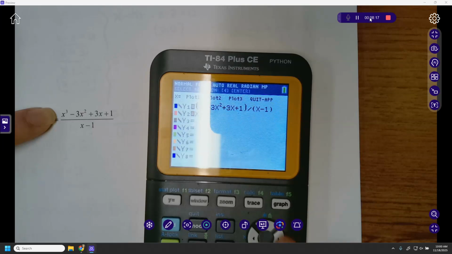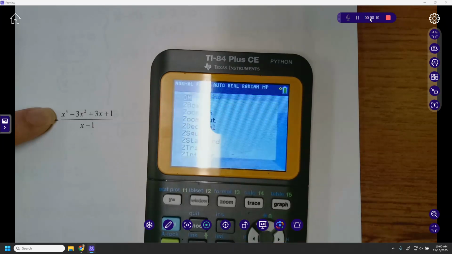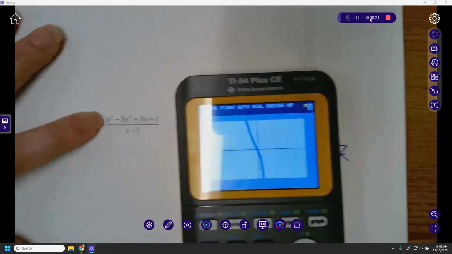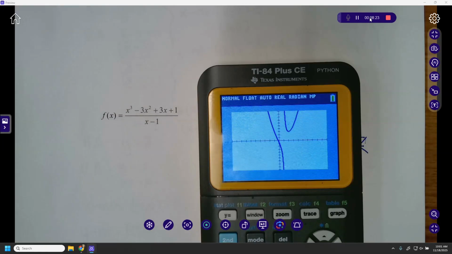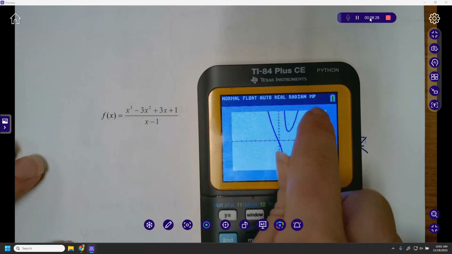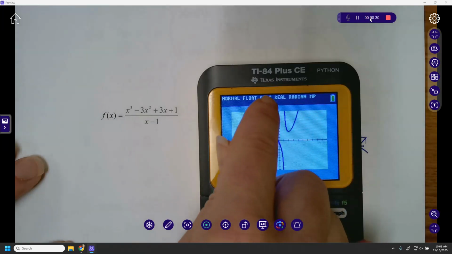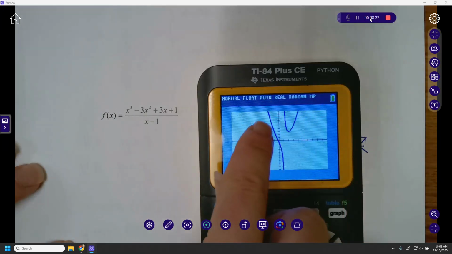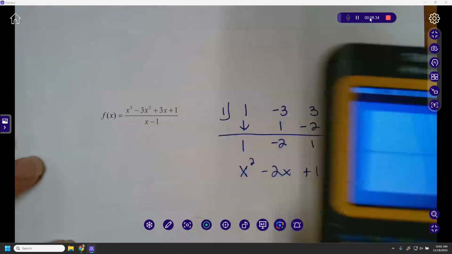Standard viewing window on these things, remember, is Zoom 6. Okay, so I get this weird kind of thing, and I'm going to show you what happens when I graph that parabola. This part of the graph approaches it, and that part of the graph approaches it.